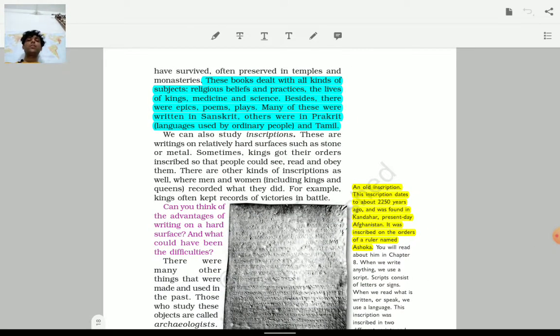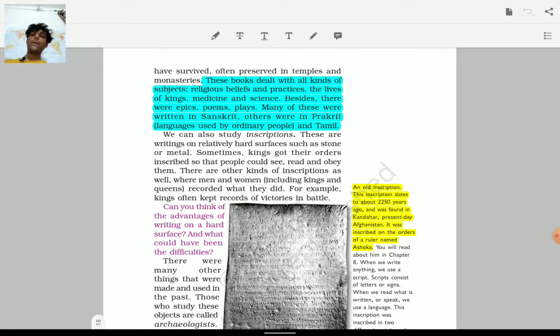Manuscripts were books which dealt with all kinds of subjects, such as religious beliefs and practices. The people were understanding things, and whatever they were feeling about religious belief and practices, they started mentioning it in the manuscripts, along with the lives of kings, medicine, and science.